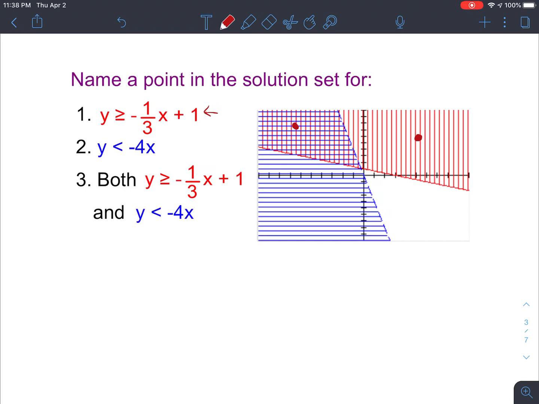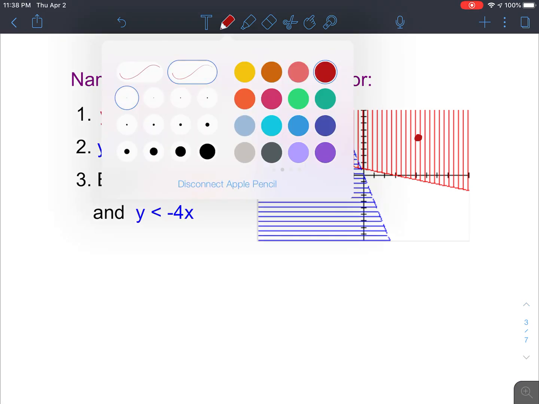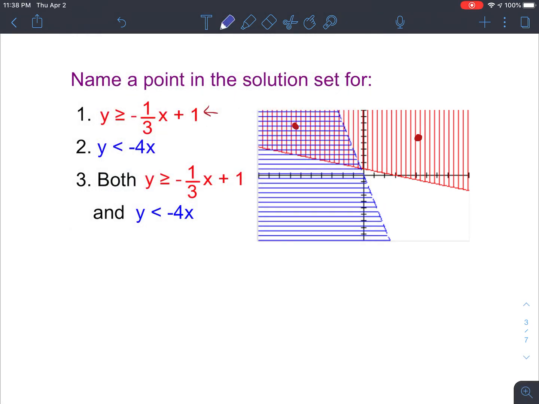Okay, so anything in the red area is a solution to the red equation. The blue, on the other hand, right? This right here would be a point that is just a solution to the blue equation because it's only in the blue area. But this point over here that we just talked about is also in the blue area.